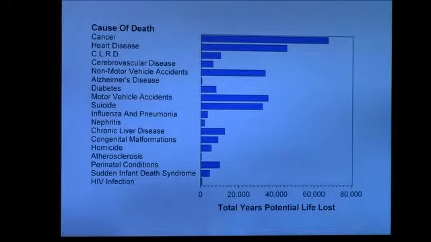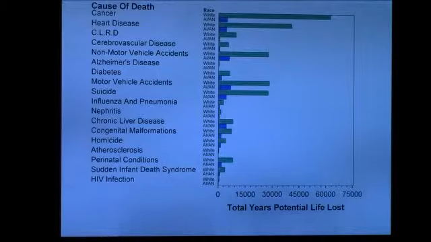But with so many decedents, even a very small number of years adds up. But what you should notice here is that accidents, both motor vehicle and non-motor vehicle, start to stand out more than they did before, when we were simply looking at the frequency of death.